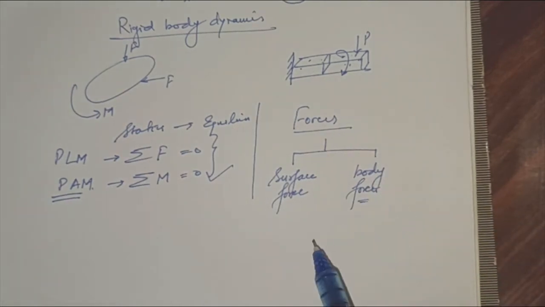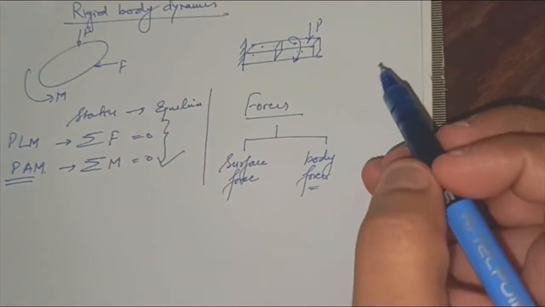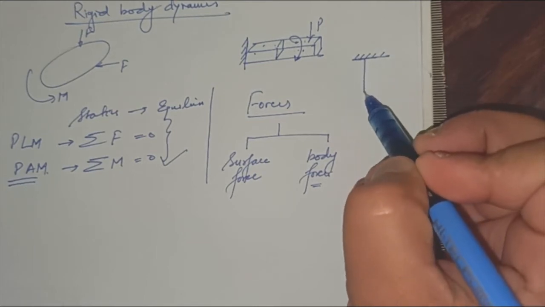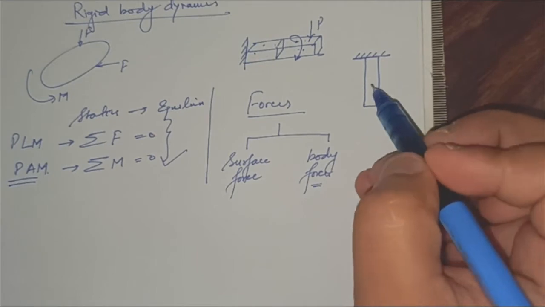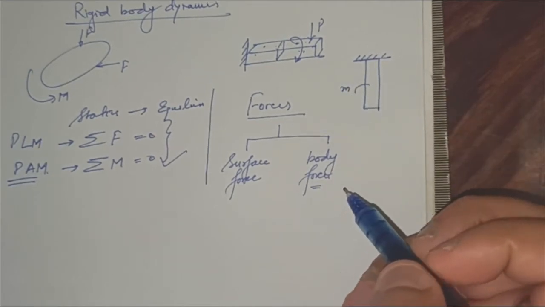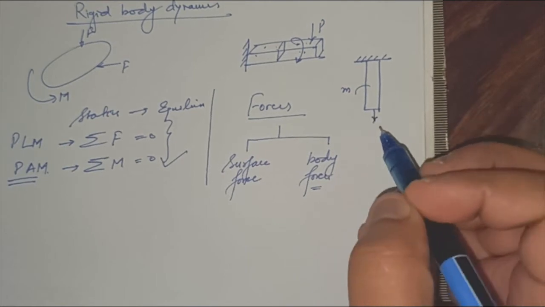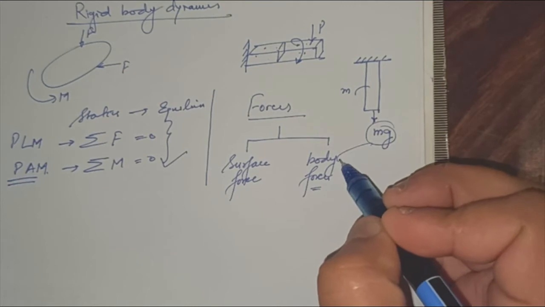What are body forces? Body forces are the natural forces of the body. Like I have this hanging body and this is a mass m. Then there will be one force that comes naturally, which is mg. So this mg is a body force.